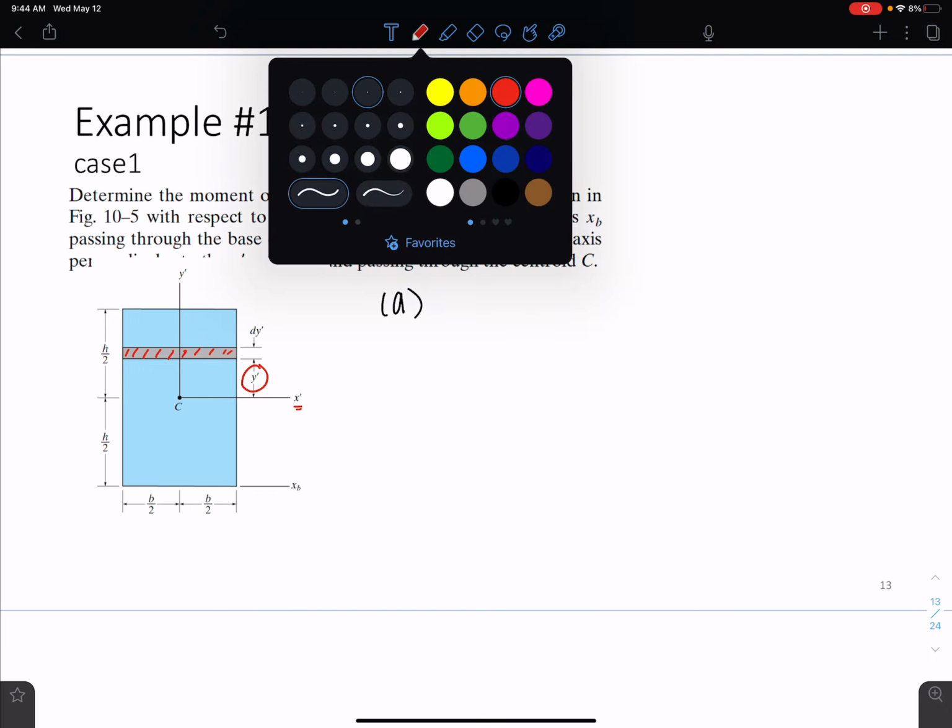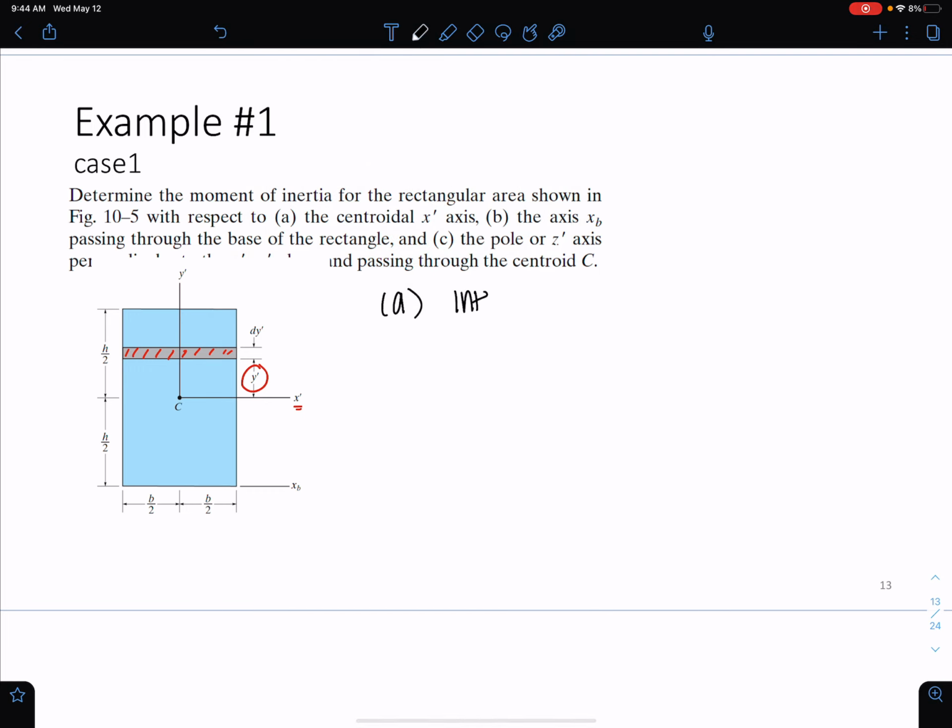So we need to integrate, okay, from y prime equals negative h over 2 to a y prime value equal to h over 2, along that whole area. And this dA is equal to b, that width on the bottom, times dy prime.